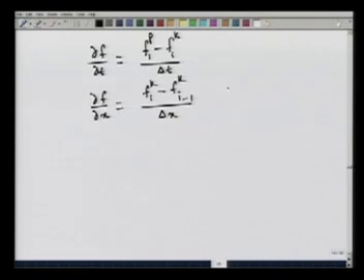This is backward finite difference. And this is time stepping, this is the predictor step.